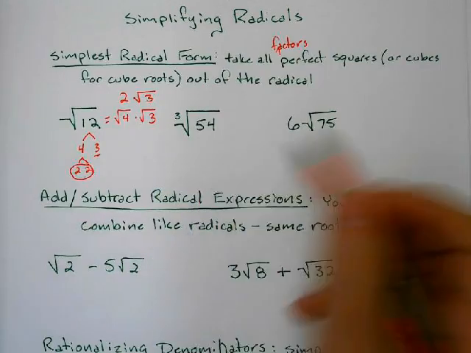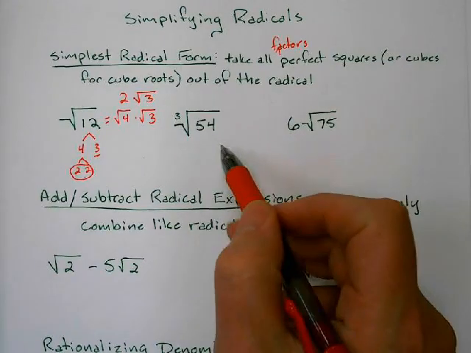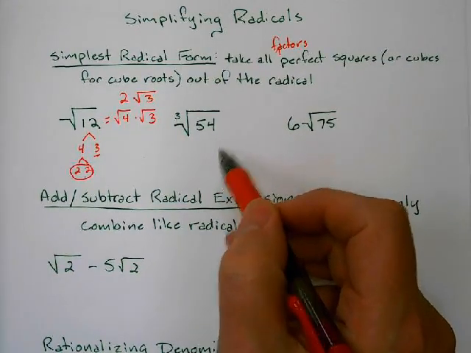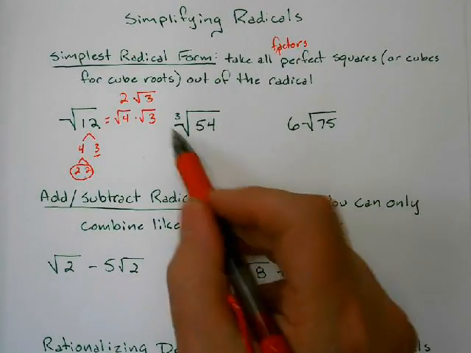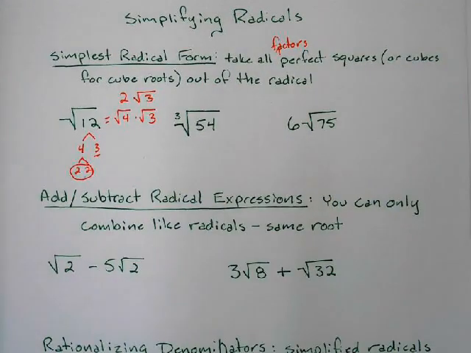Now for the next one, we've got 54 inside of the cube root. So instead of looking for a perfect square, I'm going to be looking for a perfect cube in order to take out.